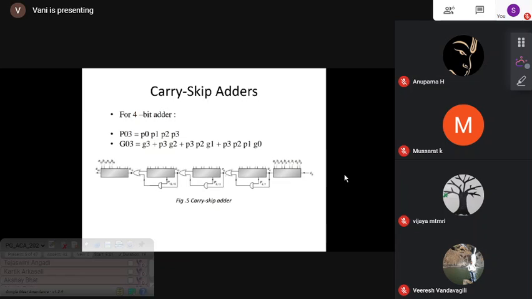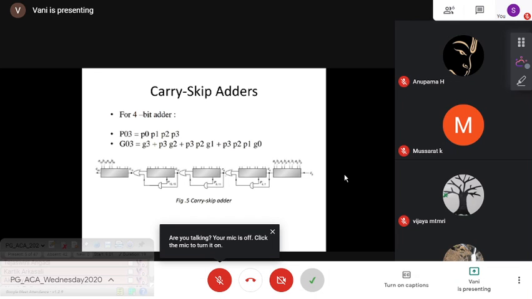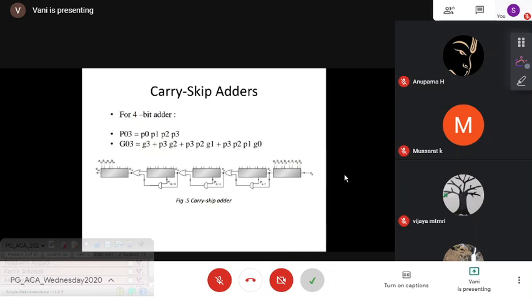We can see here in the architecture that each block consists of a 4-bit adder. That is, it consists of 4 1-bit adders. C4, that is, the carry output of the first block, does not depend upon the C0.